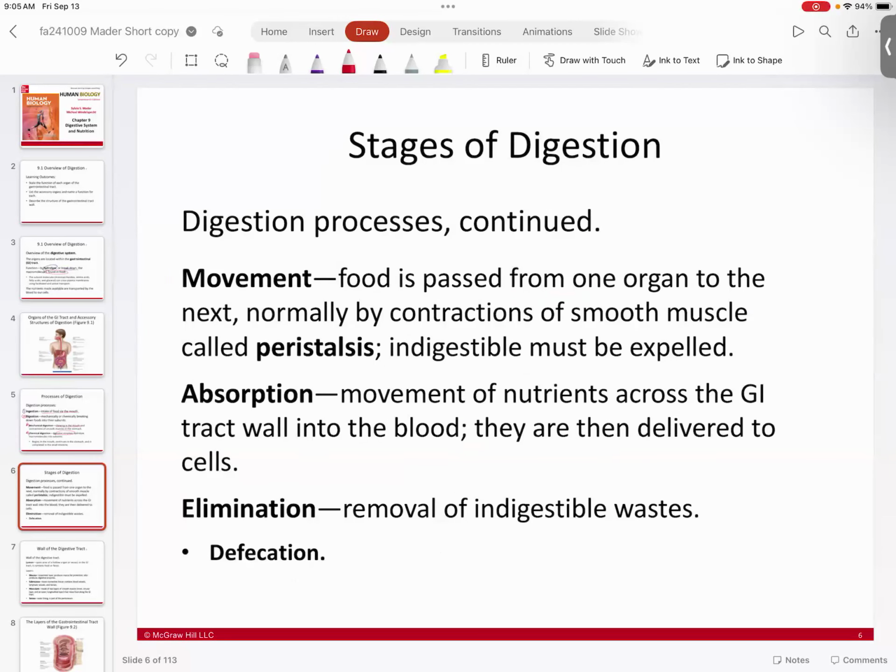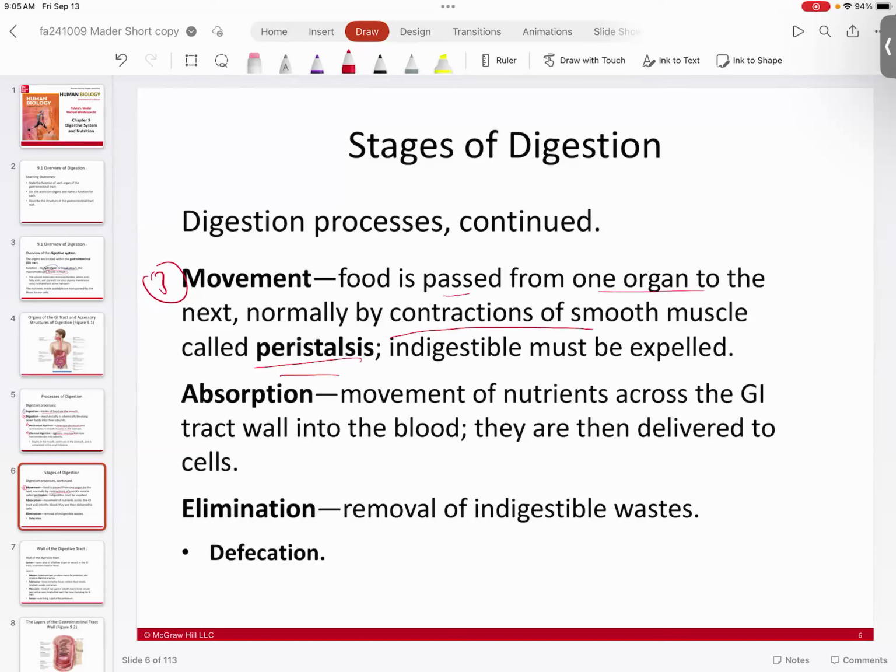Then you're going to have the movement of food through your digestive system. This is basically going from one organ to another, ultimately usually using contractions of smooth muscles that line your digestive tract in a process called peristalsis.